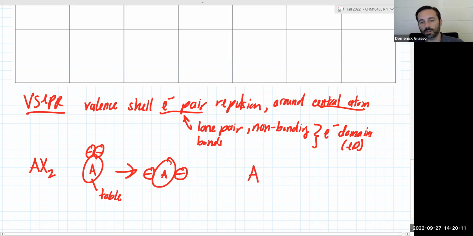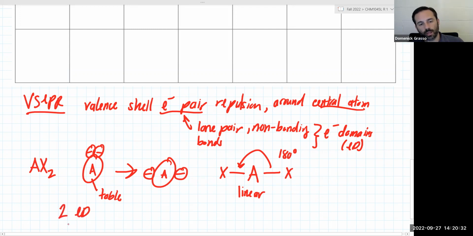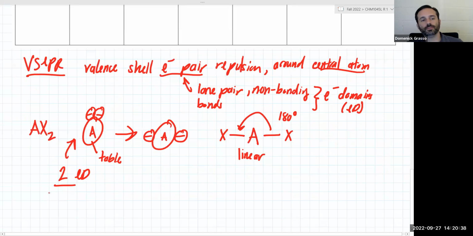So I have a molecule that looks like this. This distance would be 180 degrees. The name of this shape is linear. This example is for any central atom that sees 2 electron domains. If it sees 2 things around it, it's going to feel like a linear molecule.